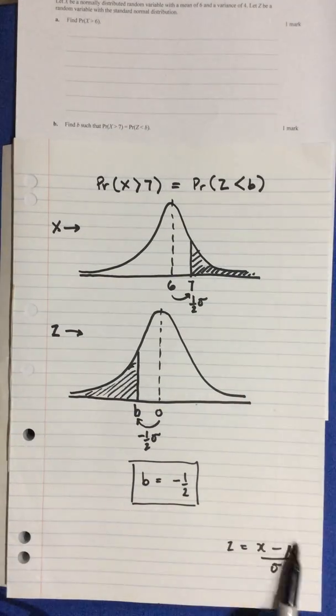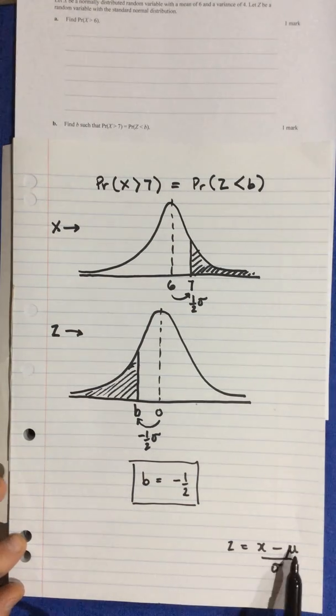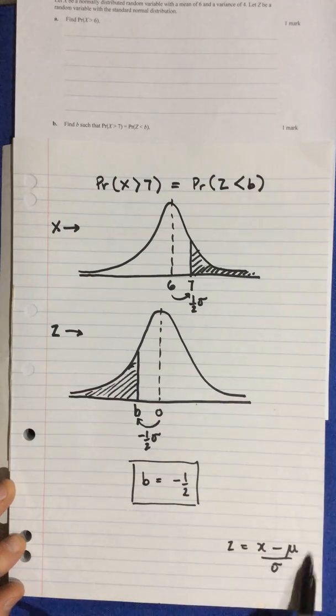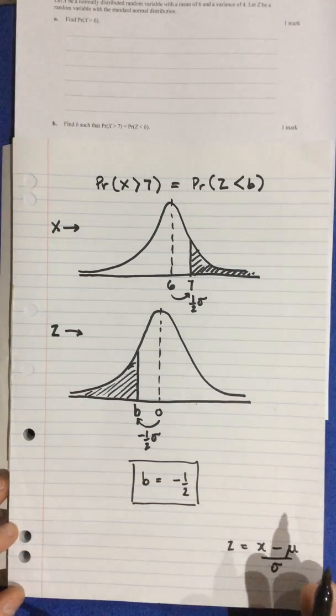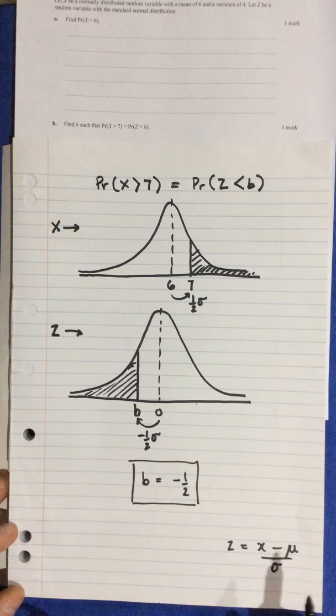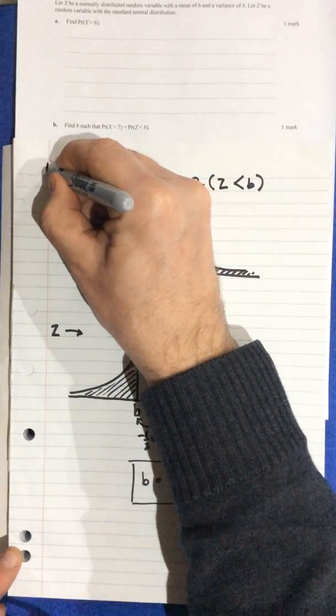But this would have given me the same value if I'd worked it out appropriately. So hopefully that makes sense. If anyone does want me to demonstrate using the actual Z formula for this instead, just drop a little message into the video. Okay, so that's question 4, part B.